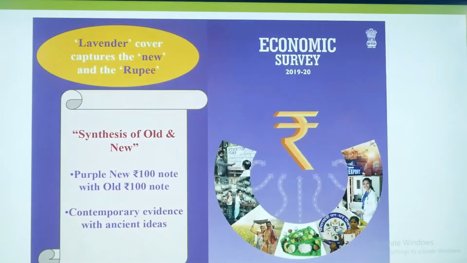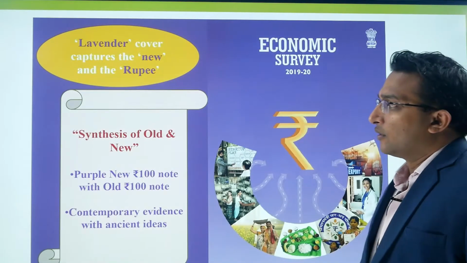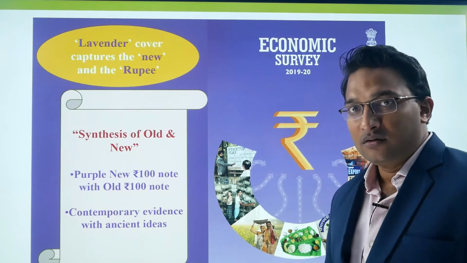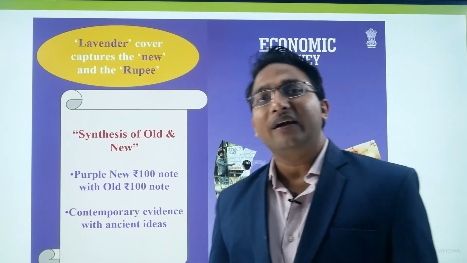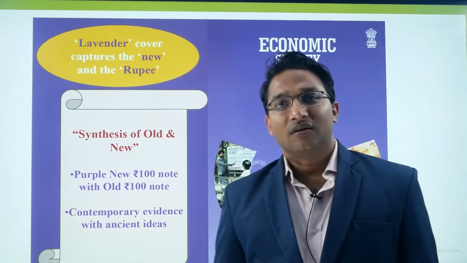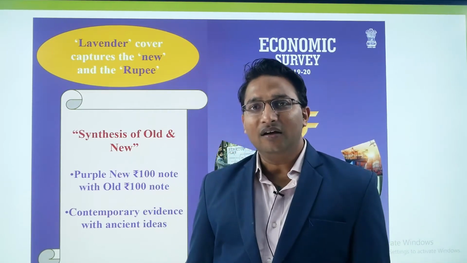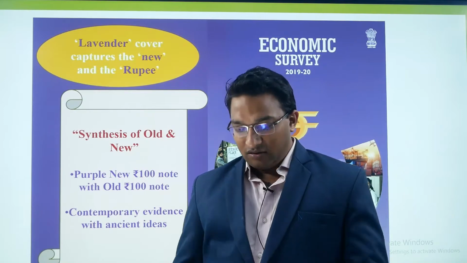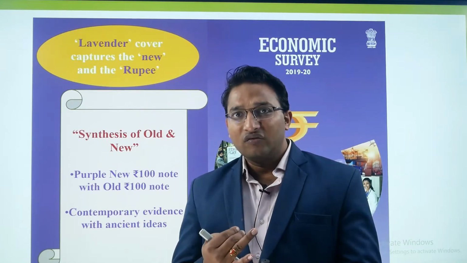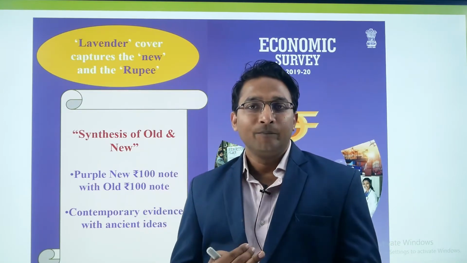So first of all, about the economic survey. Which department issues the economic survey? There are 5 departments in the Ministry of Finance. First is the Department of Expenditure, which takes care of all the expenditure.